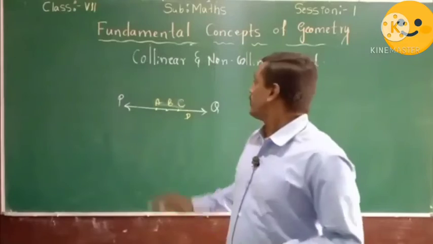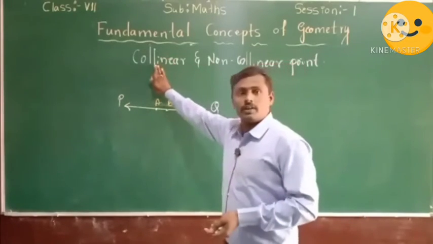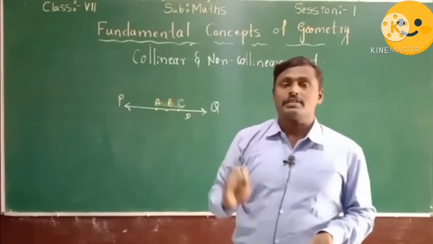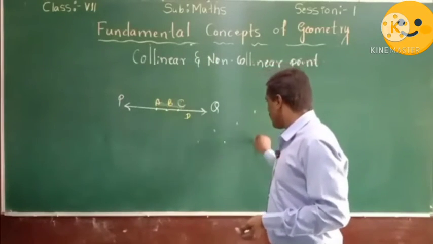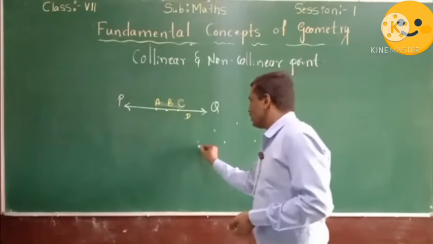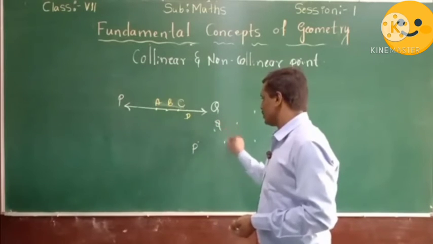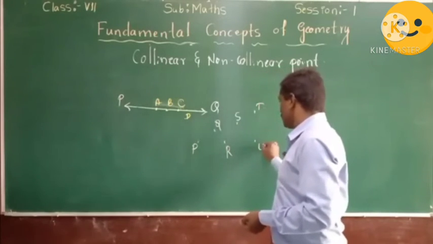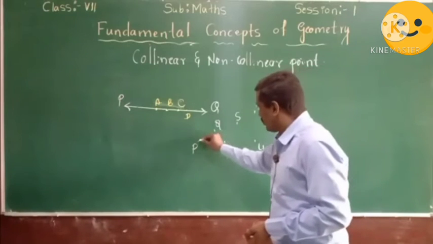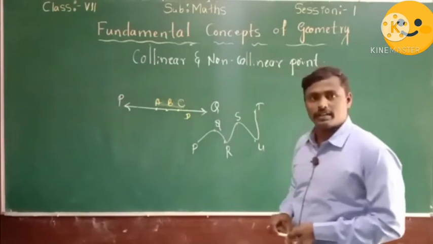Then what do you mean by non-collinear? It is the opposite of collinear. If the points are not in the form of a straight line, then those points are called non-collinear points. Points P, Q, R, S, T, U. When you join these points, we will not get a straight line, right?